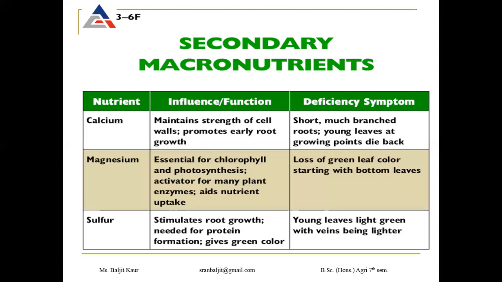There will be no proper formation of chlorophyll, so the color will be lost. And then sulfur stimulates root growth, and it is needed for protein formation. It gives green color to the plant. If there is a deficiency of sulfur, the young leaves will have light green color, and their veins will also be lighter.